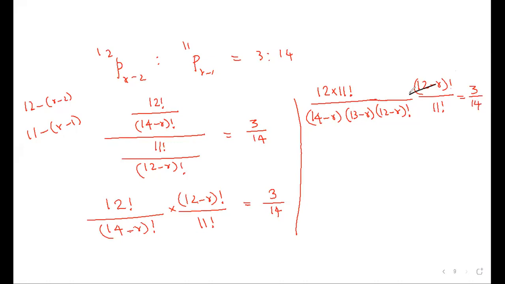Now cancel (12 minus r) factorial. Cancel 11 factorial. So 12 upon (14 minus r) into (13 minus r) is 3 divided by 14.